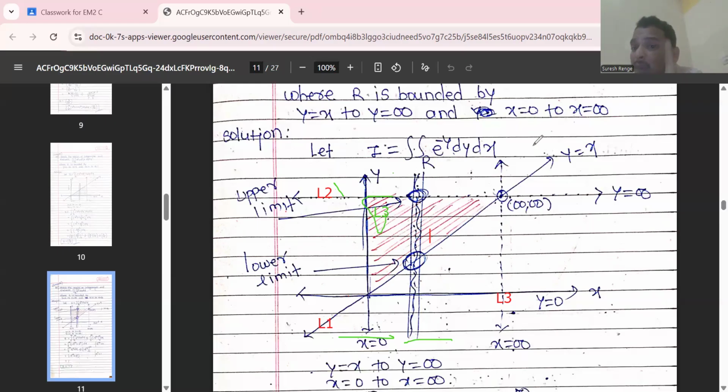Y-axis, this is a lower limit for x. Okay, y-axis, that is a lower limit for x, and x is equal to infinity.